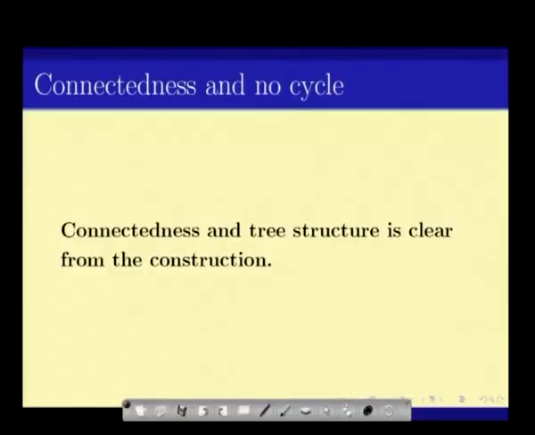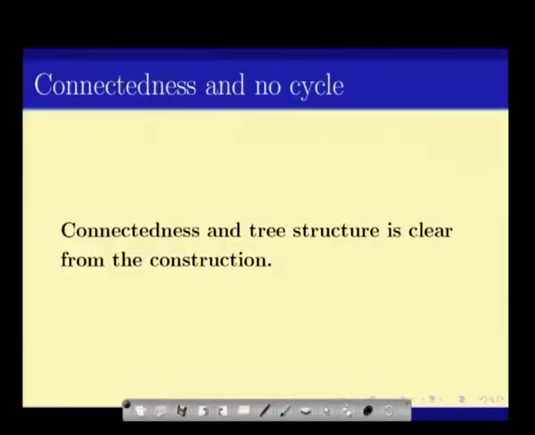So, at any point of time the set of selected edges forms a connected graph. I will always ensure that I have a connected graph, and at the end of the day I would have touched all the possible vertices. So, the algorithm will always output a connected graph.